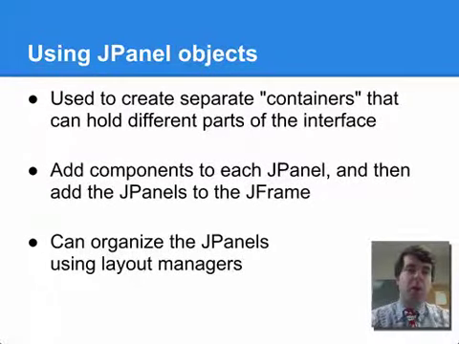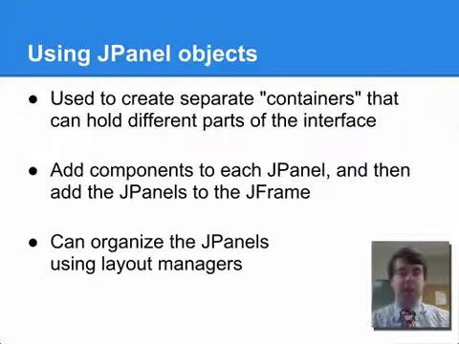So once you start getting into these more complicated object arrangements, you're going to eventually want to start using layout managers, which allow you to control how the JPanel arranges things, which we'll take a look at in a minute.